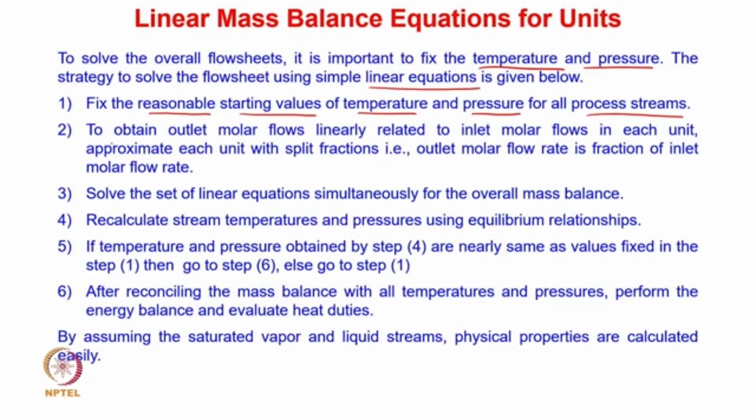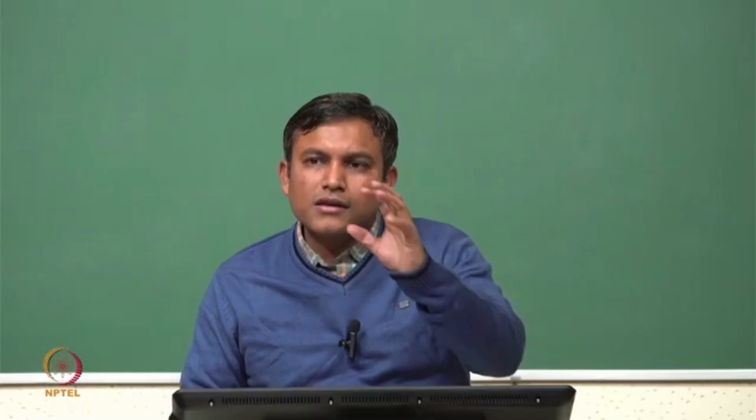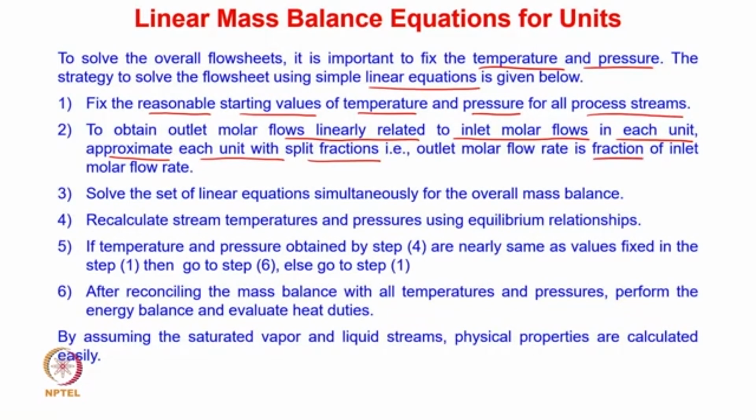Then, to obtain outlet molar flows linearly related to inlet molar flows in each unit, approximate each unit with split fractions. What we are trying to say is that we want to represent the output from the unit as proportional to the input, and for that we are using split fractions. Split fractions multiplied by an input directly give the molar flow rate of the output.